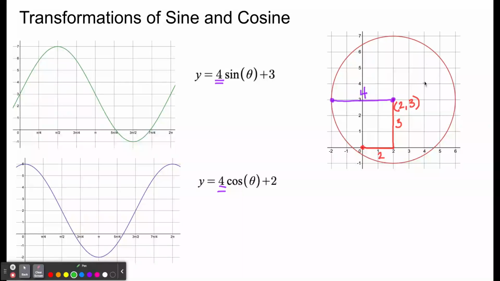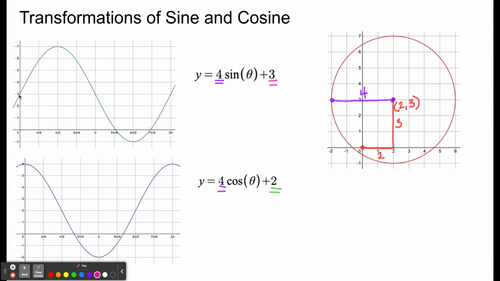Because we shifted the x coordinates on the circle by 2, that shifted the cosine graph by 2. And then we shifted the y coordinates on the circle by 3, so that shifted the sine function by 3. So those relationships, 3 and 2, come from the x and y pertaining to sine and cosine on the unit circle. Let's look at how that looks on our graph.